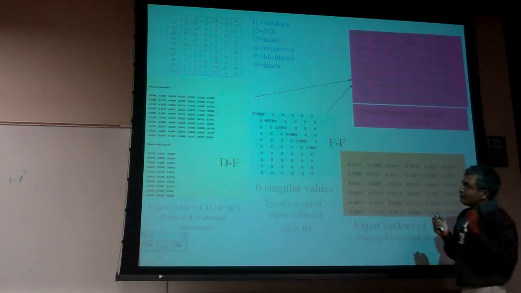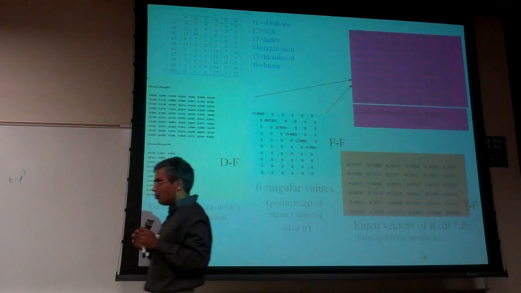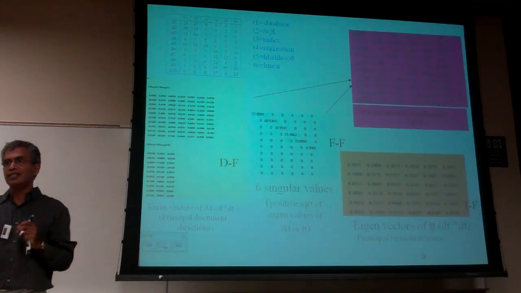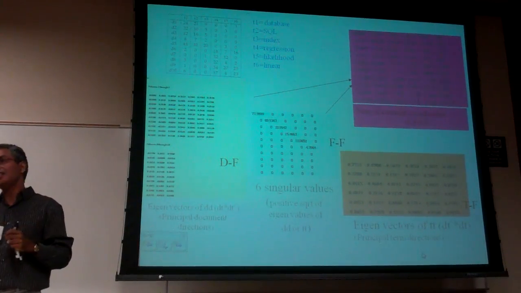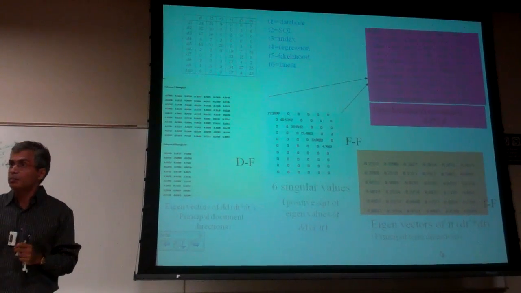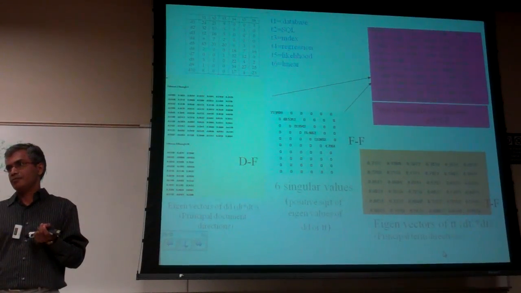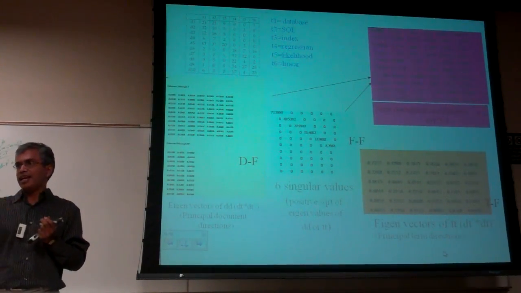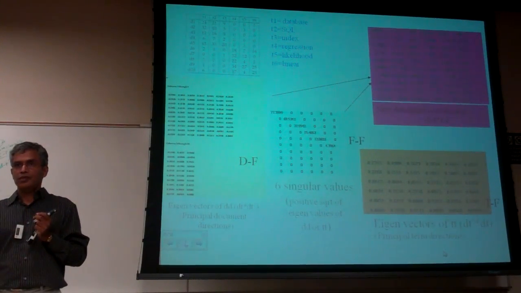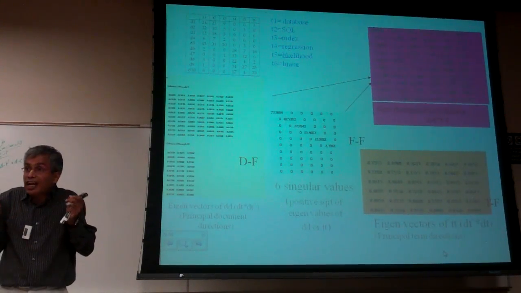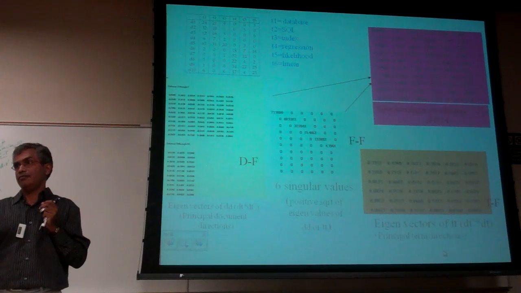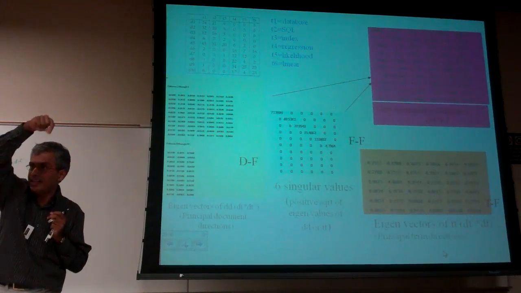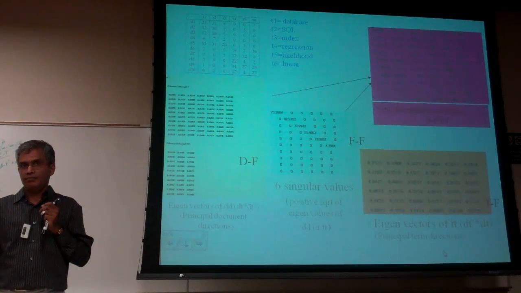Now, remember that the whole point of the factor space is that both the documents and the terms are vectors in the space of these factors. So the factors are the axes, x, y, z axes. Okay? Documents, now each document needs new coordinates for how to plot it in this new space.